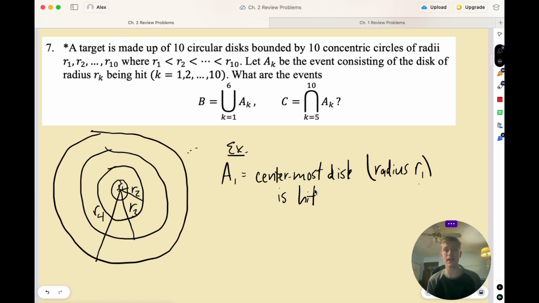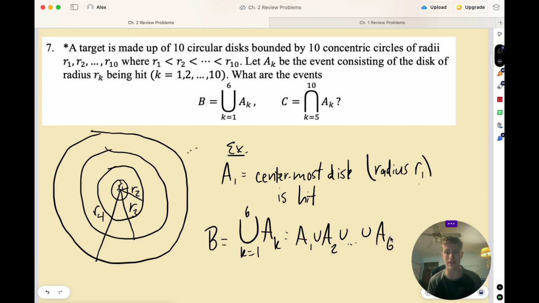Okay, so B is the event of the union from k equals 1 to 6 of A sub k. So B is equal to A1 union A2 union and so on and so forth union A6. But that's the same thing as either the disk of radius R1 gets hit or the disk of radius R2 gets hit and so on and so forth, but they're concentric. So just to give you an example, A1 or A2 means either this disk gets hit or this disk gets hit.